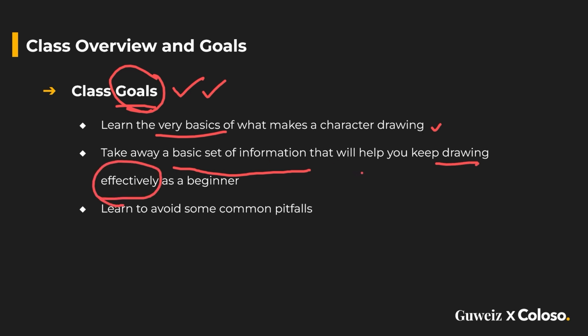Effectively is a key word here, because with this information, I feel like you're going to be able to avoid a lot of meandering paths that are great for mileage, but why not be effective and still have that mileage? So yeah, that's going to be my goal for you. Use this information effectively and practice that.